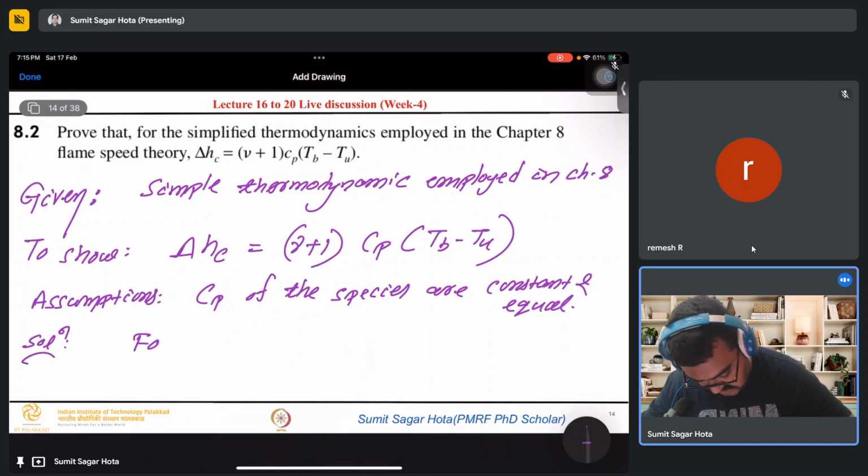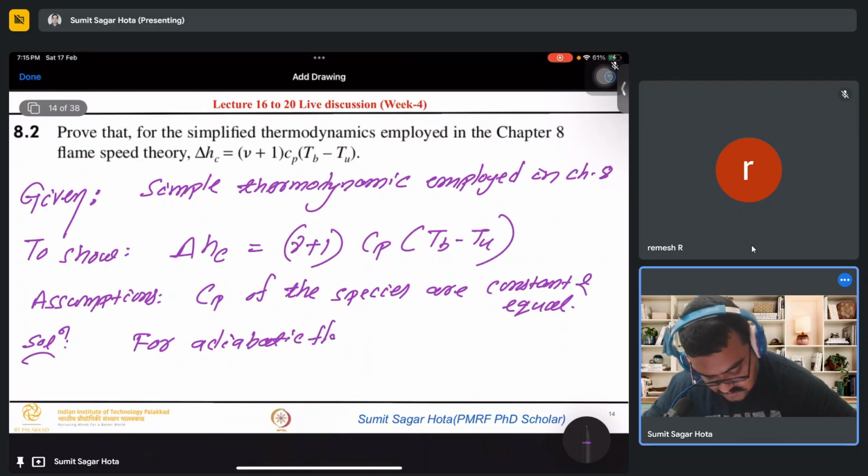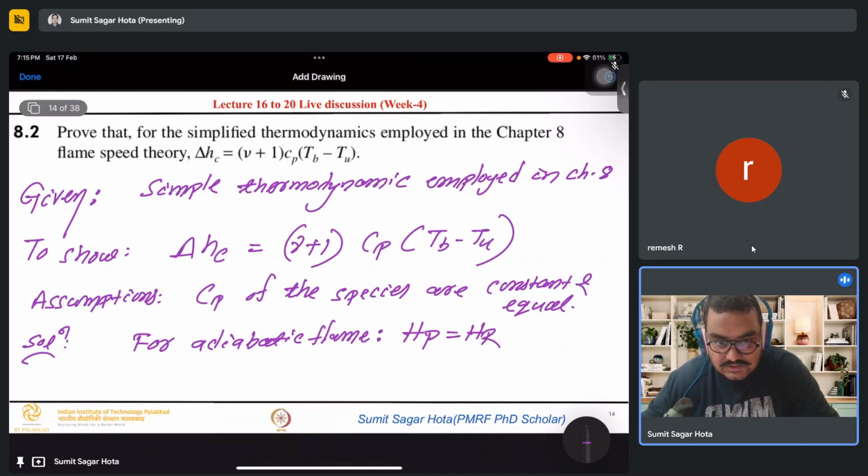So just assume an adiabatic flame: HP is equal to HR.